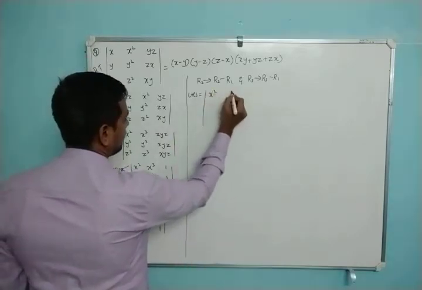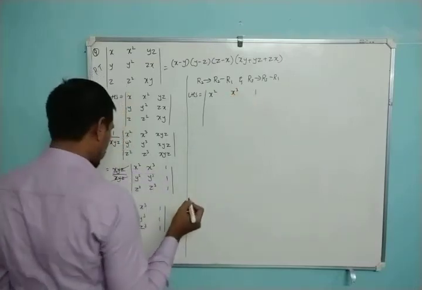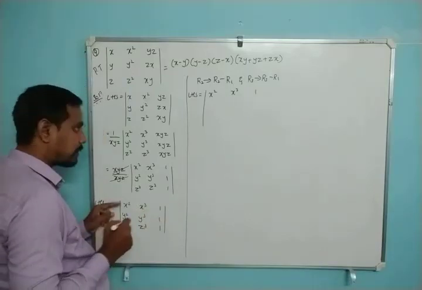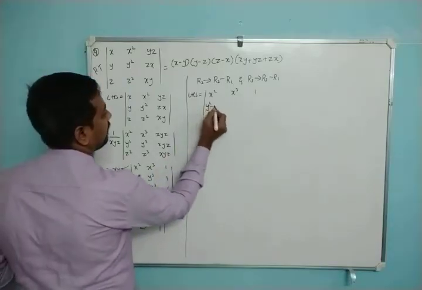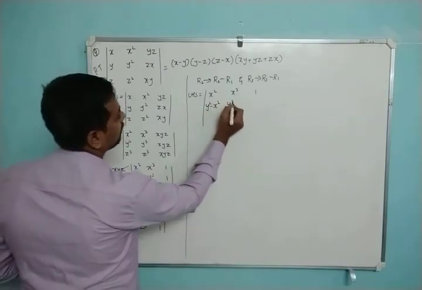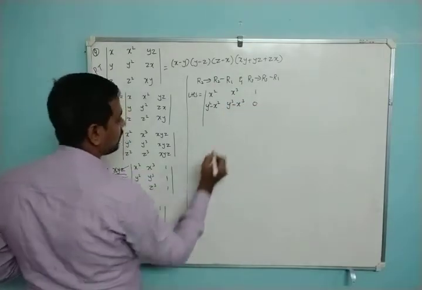X square, x cube, 1. So R2 changes to R2 minus R1. So R2 minus R1 means y square minus x square, y cube minus x cube, 1 minus 1, 0.